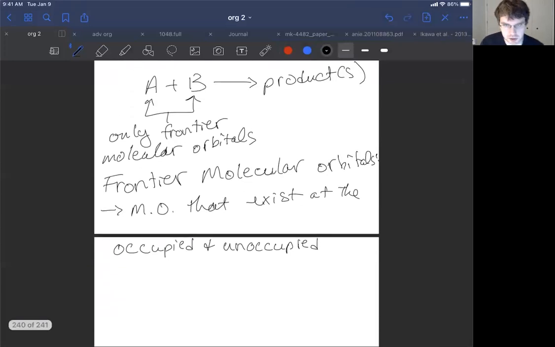It's actually a much simpler idea than at least these words can describe. So there are two types. There are the HOMO and the LUMO. So we'll start with the HOMO.